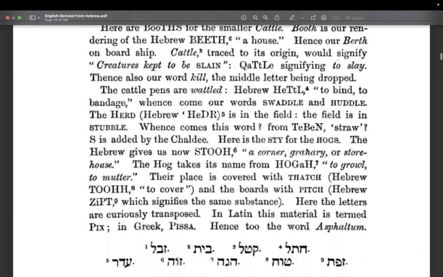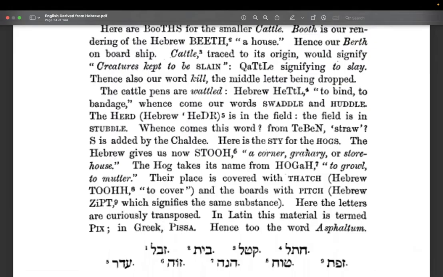There you go. The cattle pens are wattled, Hebrew hatel, to bind, to bandage, whence comes our words swaddle and huddle. The herd, Hebrew herdar, herd, right?